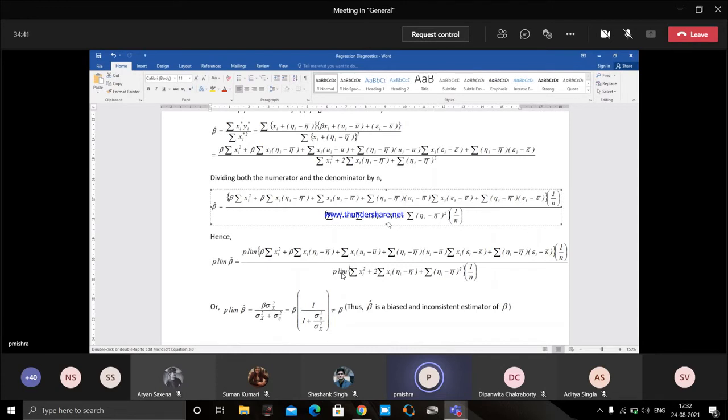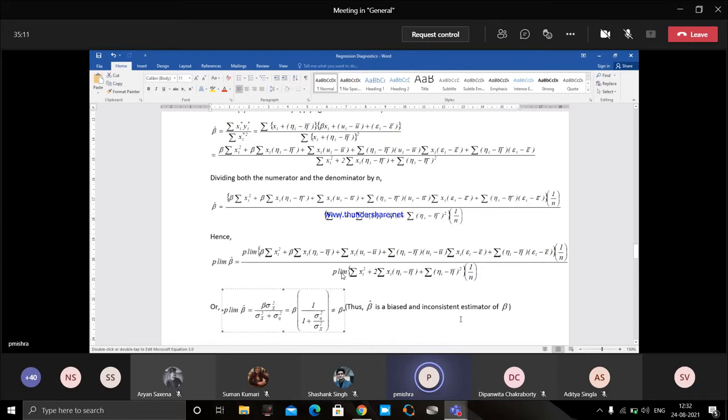We divide both numerator and denominator by n, and in the process we get the probability limit of beta hat as this. You can very well see we have an additional component here which makes this different from beta. Thus beta hat is a biased and inconsistent estimator of beta.